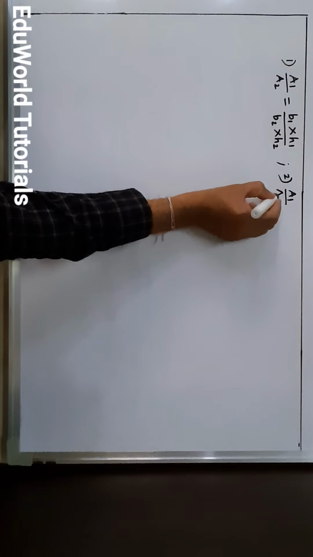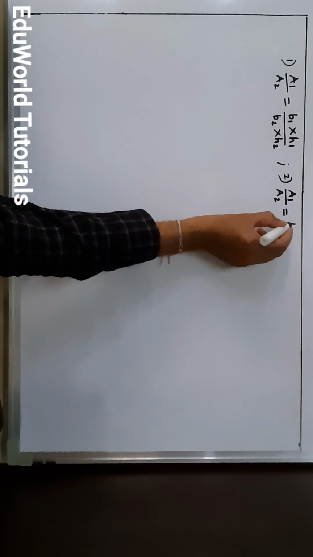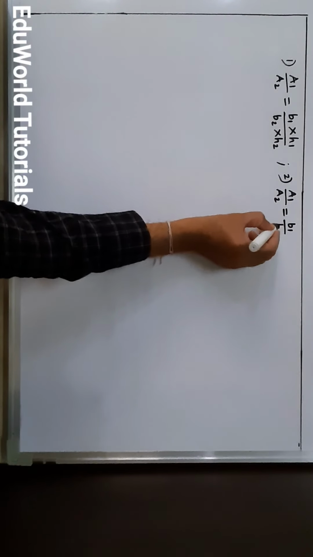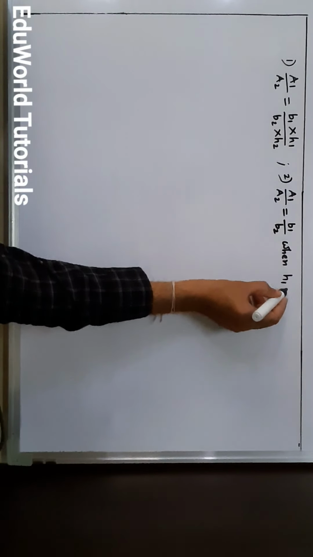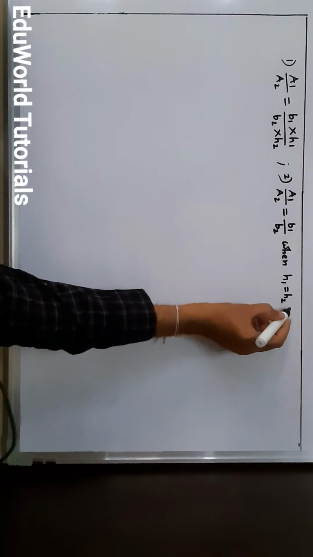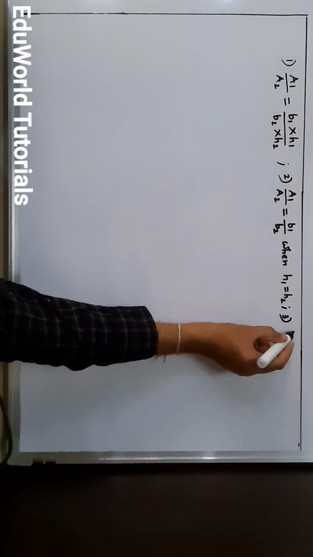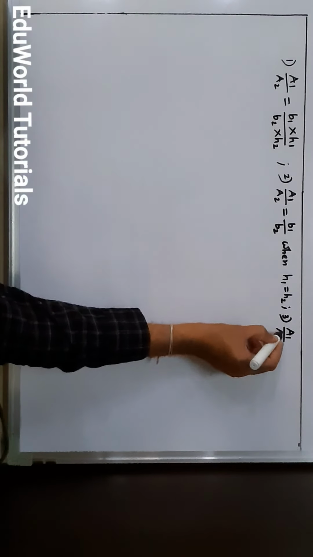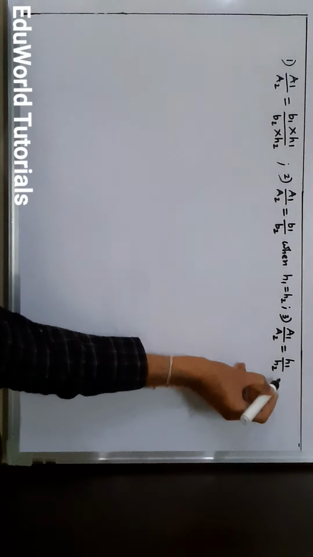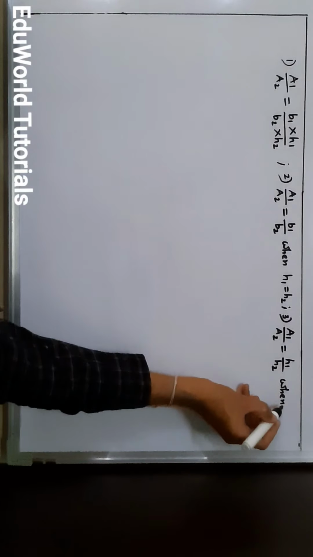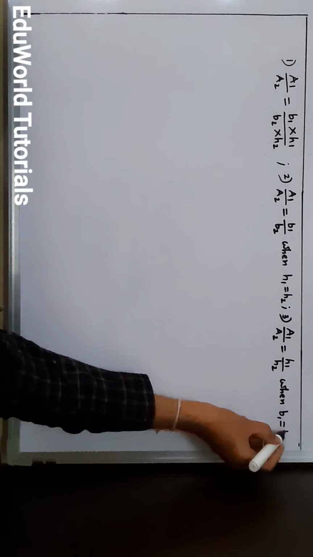A1 upon A2 is equal to B1 upon B2 when H1 is equal to H2. Third one, A1 upon A2 is equal to H1 upon H2 when B1 is equal to B2.